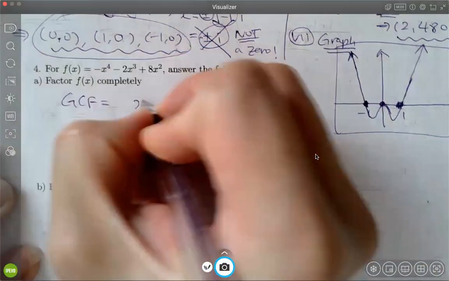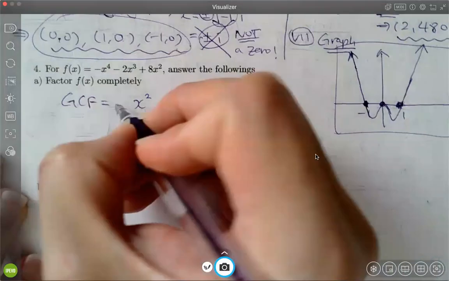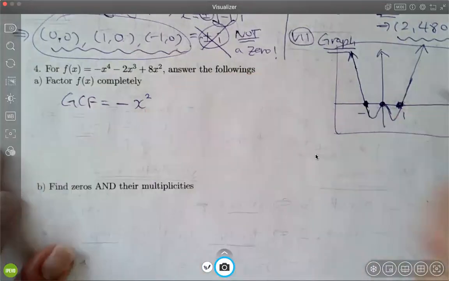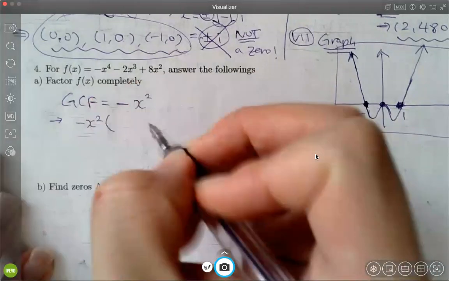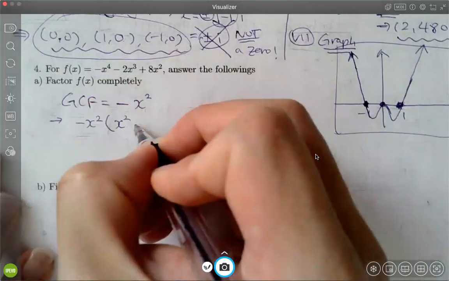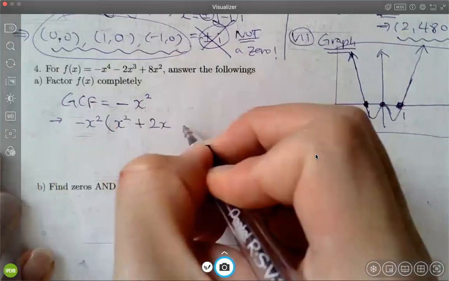But you can take out one more, which is what? The negative sign, right? So you have -x squared times (x squared plus 2x minus 8), right?